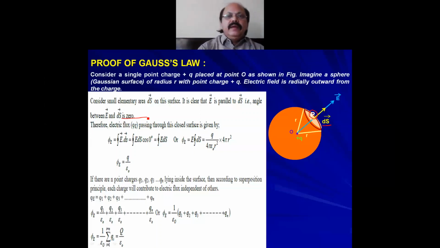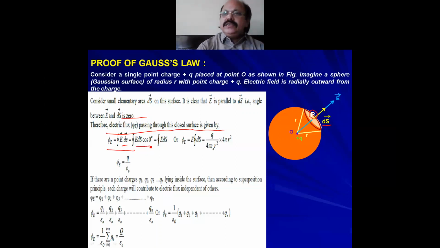So you see here, total electric flux passes through this closed surface. By the definition of the electric flux, phi E is equal to closed integral E vector dot ds vector. Since the angle between E vector and ds vector is 0, therefore closed integral E ds cos 0.